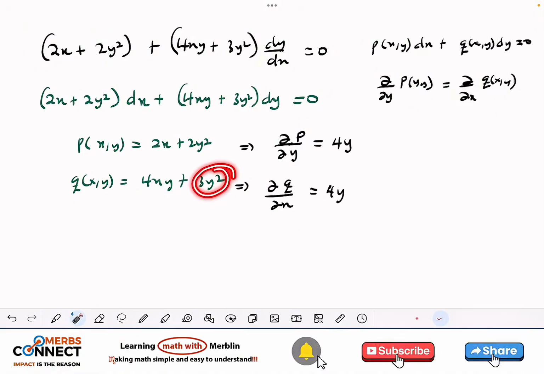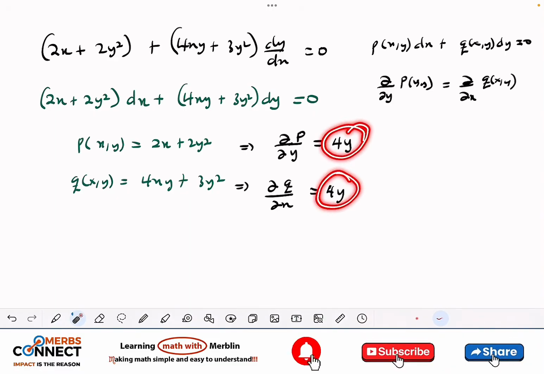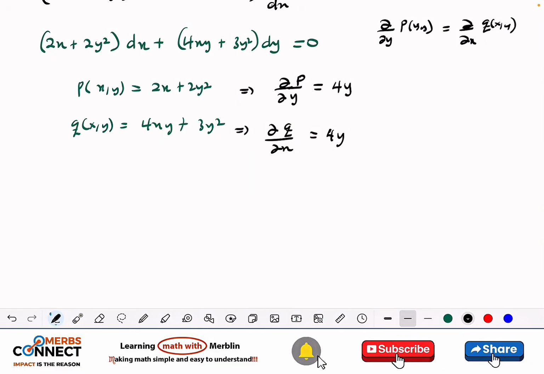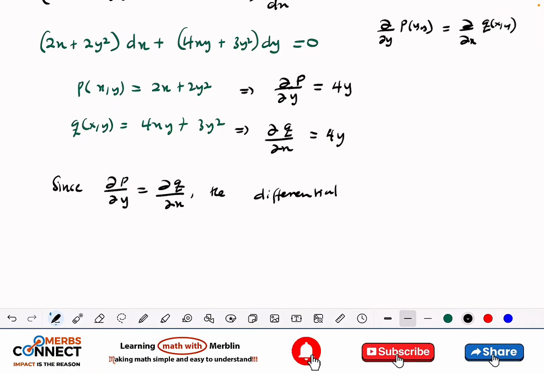There is no x here, so when I differentiate it becomes 0. So you see that this is the same as this. Good. So we conclude that since the partial of P with respect to y is the same as the partial of Q with respect to x, then the differential equation is exact.